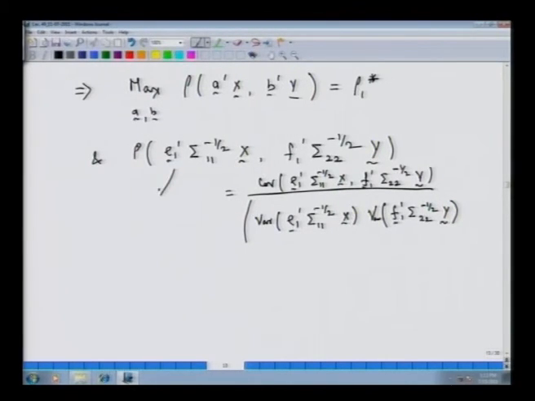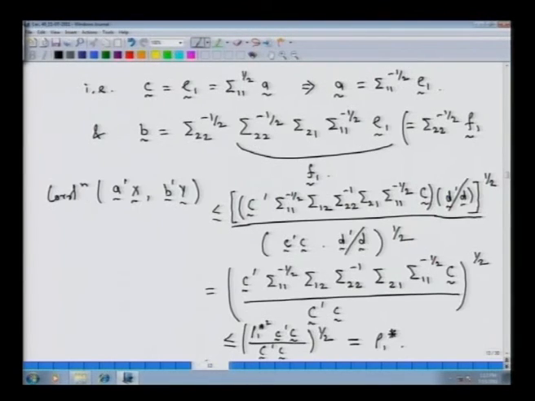This whole is raised to the power half, of course. This is what we are looking at: this rho of A prime x and B prime y, with our A equal to the maximizing coefficient, which is sigma 22 to the power minus half E 1.